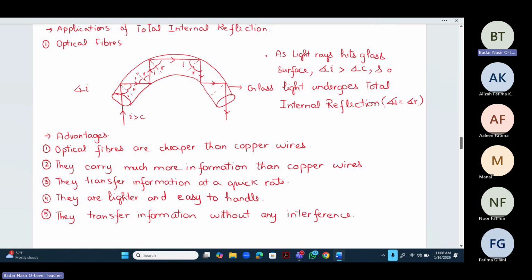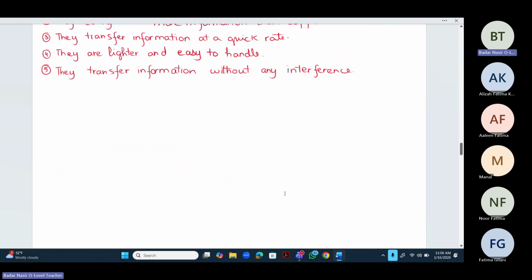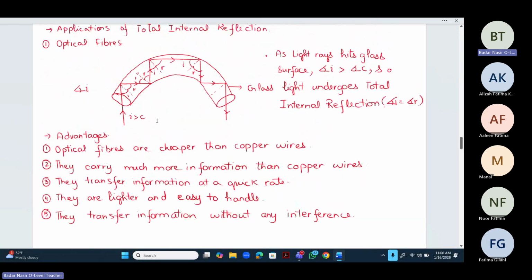Okay, now let's talk about another example, and that is about a periscope. I hope it's clear. Okay? So we had this glass tube, optical fiber. We had a ray of light which was incident. So this was the incident ray. Why does it undergo the phenomenon of total internal reflection? Because the light ray is inside the glass.